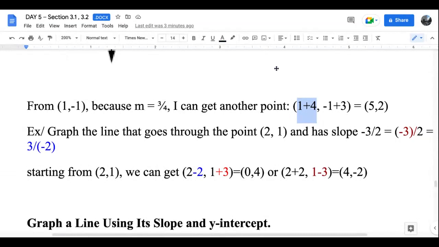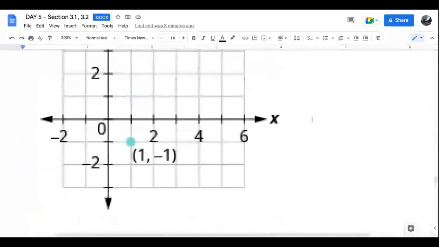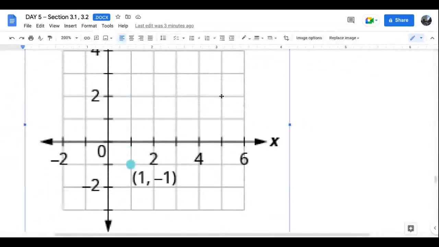Run 4 units, because the denominator is 4. We have to run to the right 4 units. So 1 plus 4 is 5. Rise up 3 units, so -1 plus 3 is 2. So we have a point here, (5, 2).